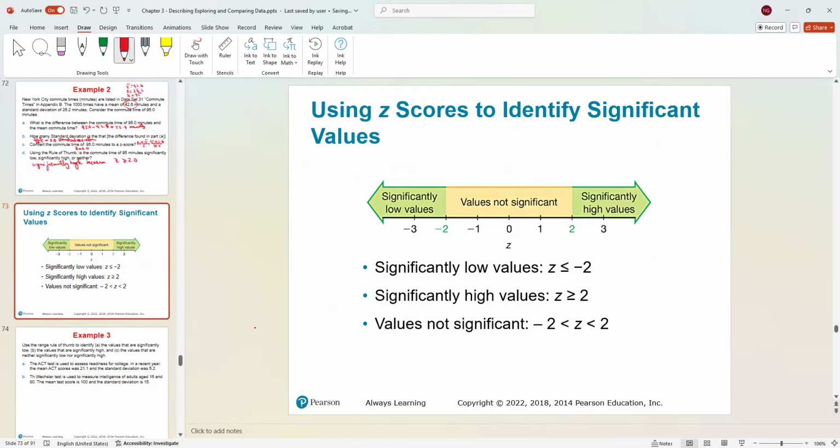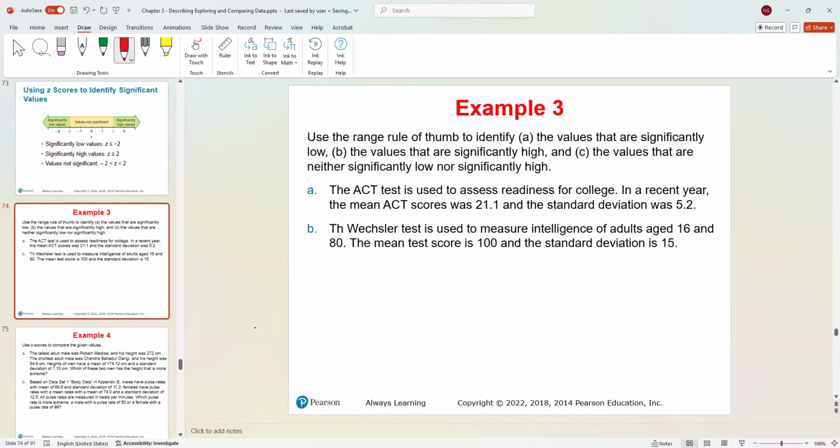We can see some of the exercises where they ask us to use the rule of thumb to identify the values that are significantly low, the values that are significantly high, and the values that are neither significantly low nor significantly high. So we have a few examples that we can do here. Let's go with the first one.